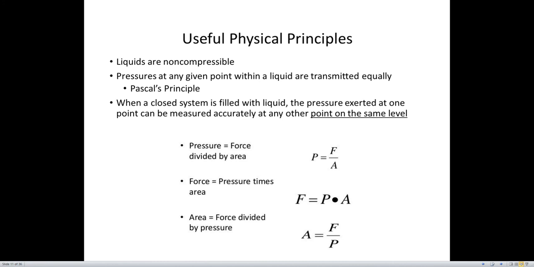And some equations are applied to the systems that we'll be talking about, even though I won't expect you to be doing this. Just think about it from a practical standpoint. Pressure is equal to force divided by area. Force is equal to pressure times the area, and area is equal to the force divided by pressure.